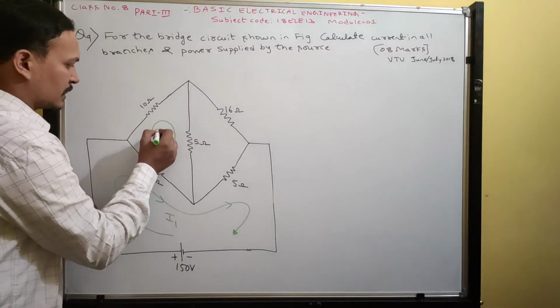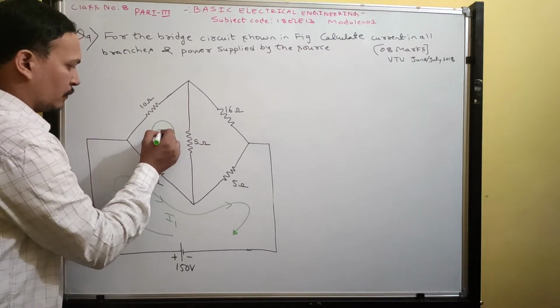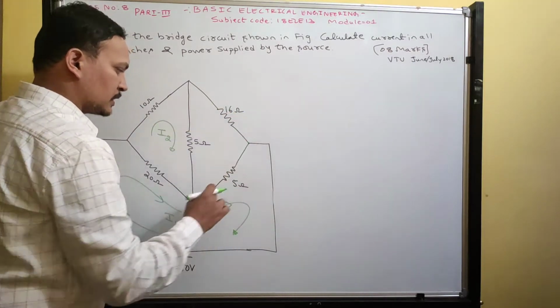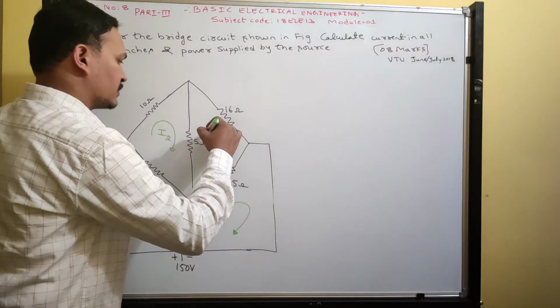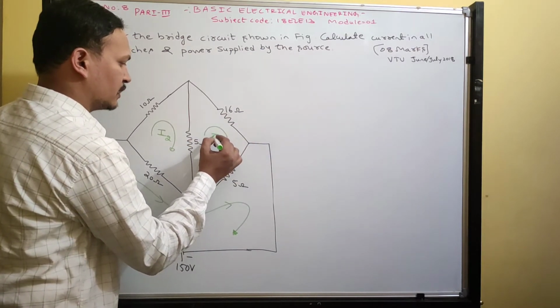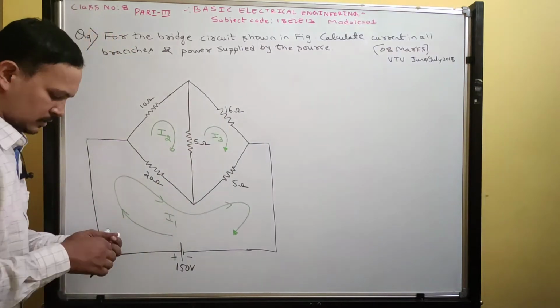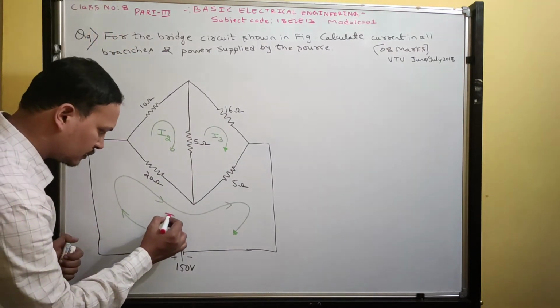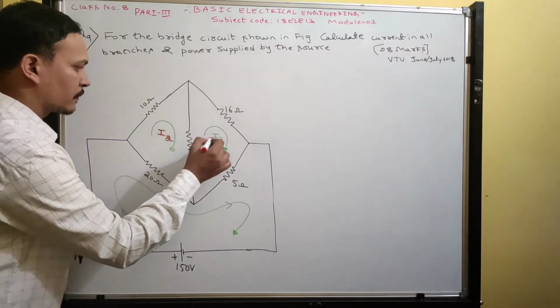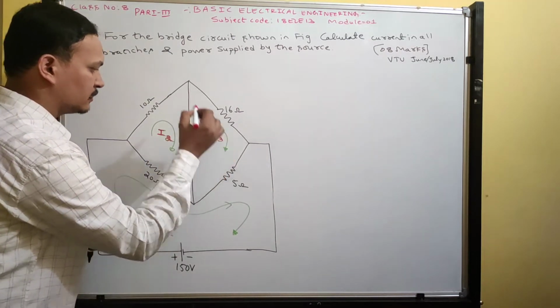Let's say this current is I2. Next, in this loop, assume current in clockwise direction. Let's say that current is I3. I will write in red color: I1, I2, and then I3.